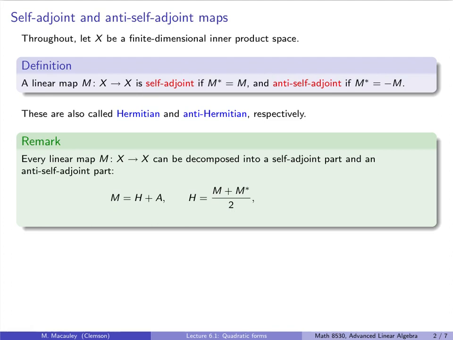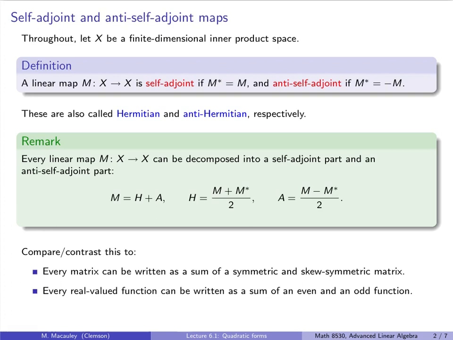Notice by construction, this is self-adjoint. So if you take H star, you get M star plus M double star over 2. And since the adjoint of the adjoint is M itself, H star is clearly equal to H. And the anti-self-adjoint part is M minus M star over 2. Notice that if you take the adjoint of this, you get negative A.